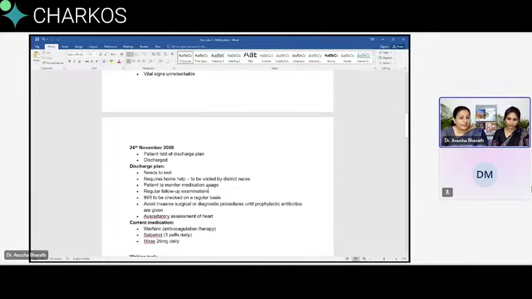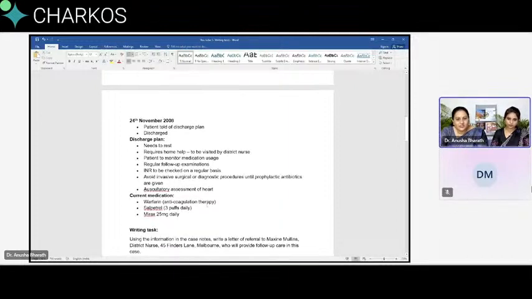Well, the discharge plan included needs to rest, requires home help, to be visited by district nurse, patient to monitor medication usage, regular follow-up examinations, INR to be checked on regular basis, avoid invasive surgical or diagnostic procedures until prophylactic antibiotics are given, auscultatory assessment of heart. Current medication details include warfarin, salbutamol, 3 puffs daily, Mirax, 25 mg daily.